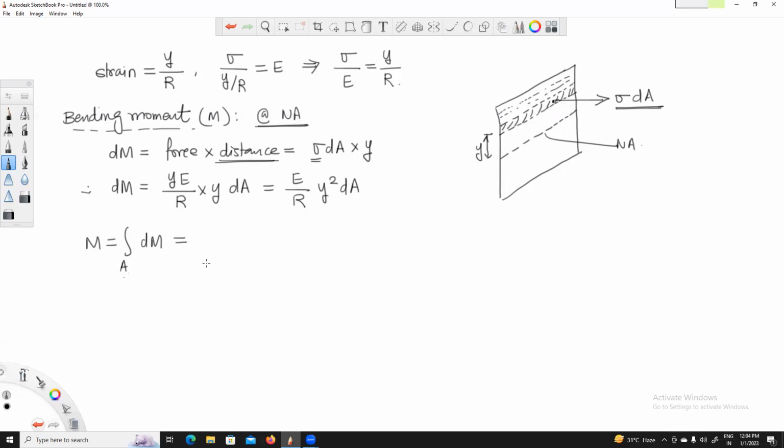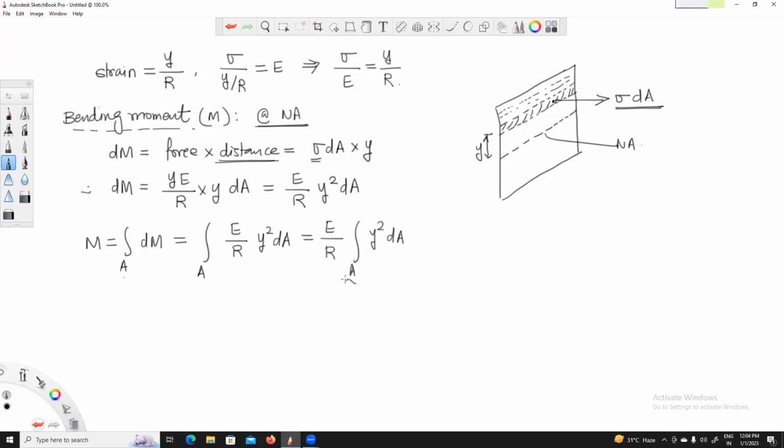So if you integrate this particular thing over here, this is E upon R, and this is y square dA integrated over area. E, the Young's modulus, you can take it out since it is constant. R, the radius of curvature, is also constant. So it is the integration of y square dA over area.